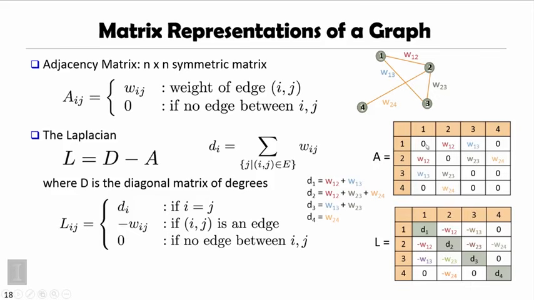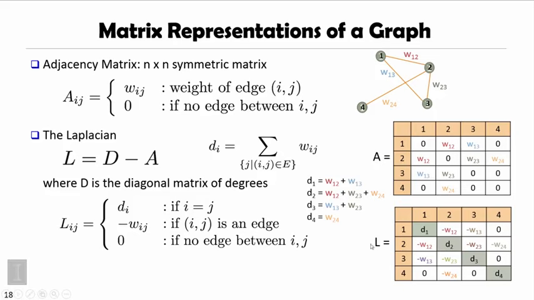For example, for row 1, you get W sub 1,2 plus W sub 1,3. That is the degree, D1. Similarly, for other degrees, you calculate in the same way.